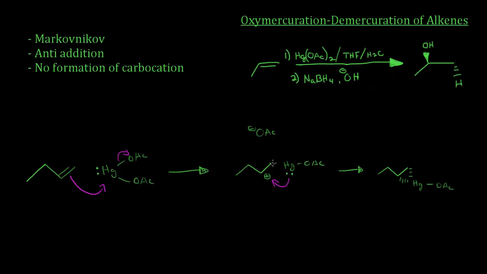I have to make this dashed, sorry, dashed here, and these two are dashed. So you have this triangle intermediate over here, and now there's a positive here. So there is no formation of a movable carbocation, because as soon as you make it, this reaction happens. So this carbocation has no chance of moving to make a more stable carbocation. So now we've ended up with this intermediate here.